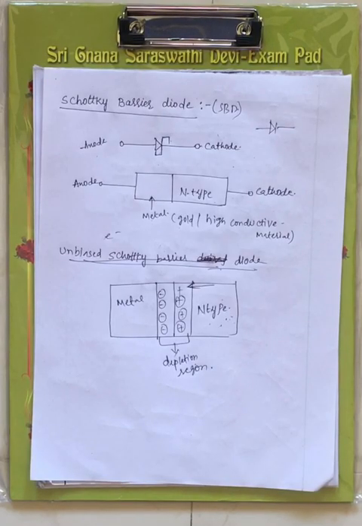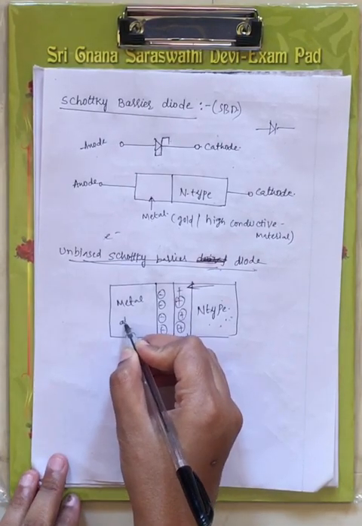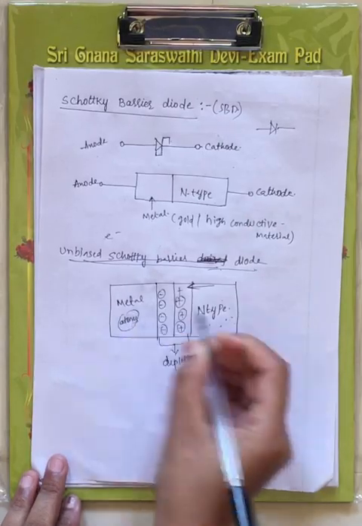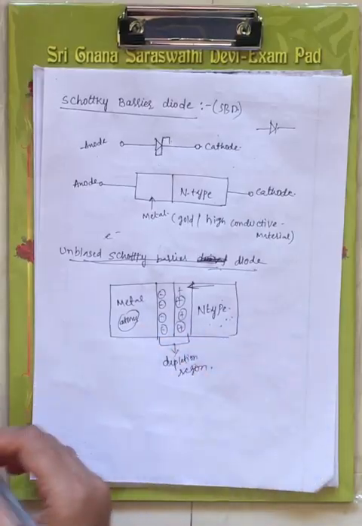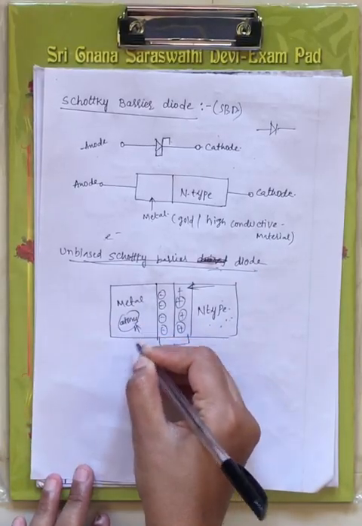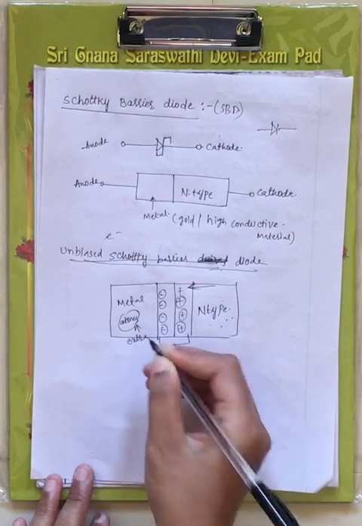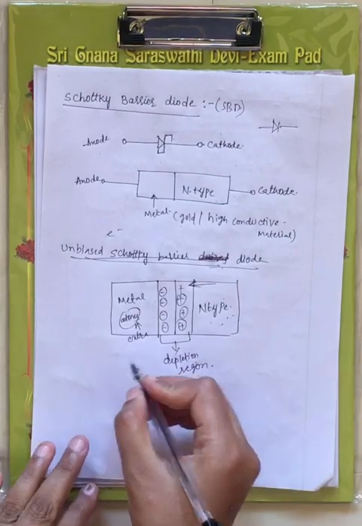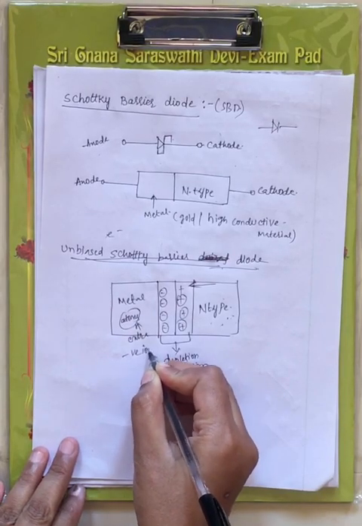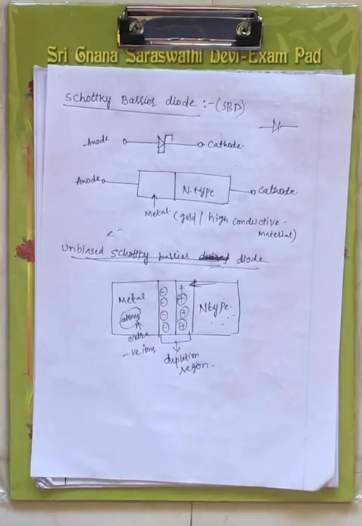When free electrons move towards the metal, they provide extra electrons to the atoms. Generally metal contains atoms, right? Now when the free electrons move towards the metal, the atom gains extra electrons and becomes a negative ion.